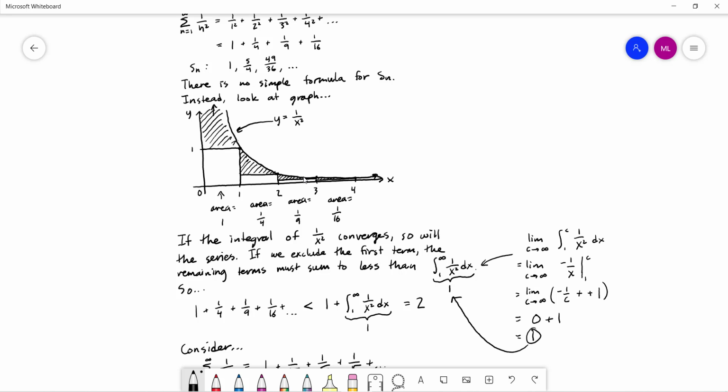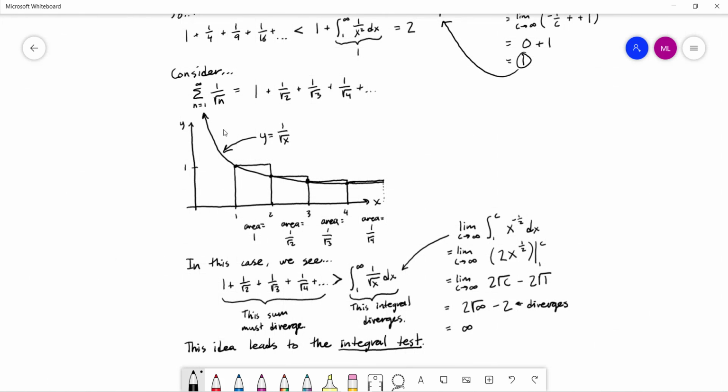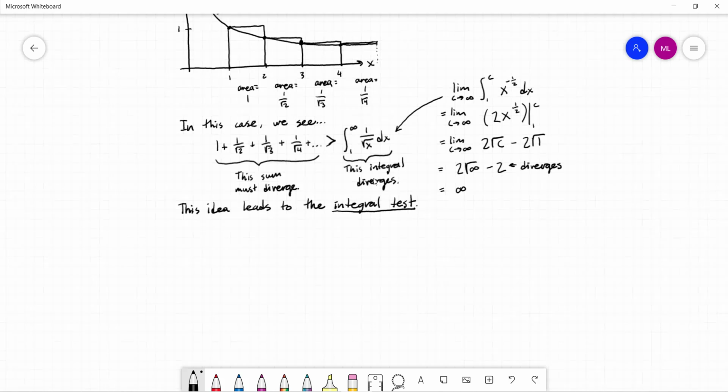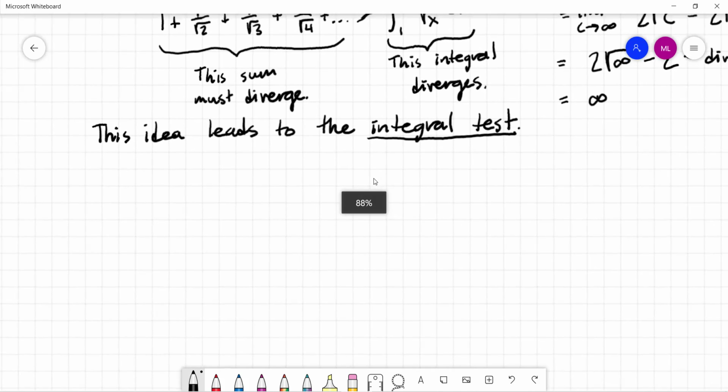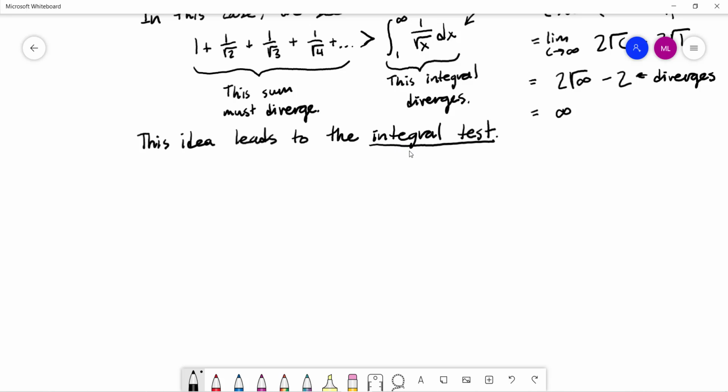It's kind of like the squeeze theorem from before. Basically, if I know that the thing that is larger is converging to some finite value, then the thing that is smaller must also converge. Or alternatively, if I know the thing that is smaller is diverging off to infinity, then the sum that is larger must also go to infinity. So you've got to be careful about making sure that you have your integral relate correctly to your series.